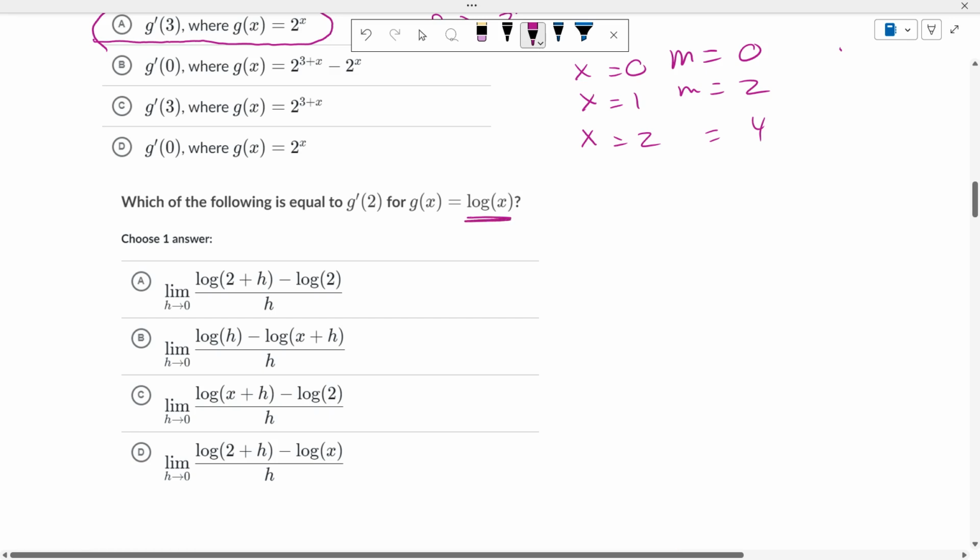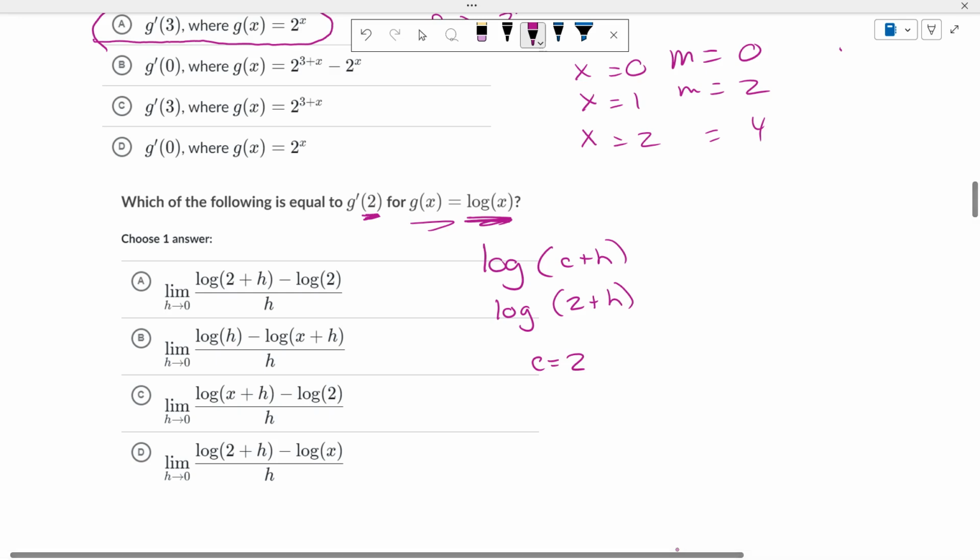So the function is the log of x. Our x value is 2. So the log of c plus h is the log of 2 plus h, where c equals 2.